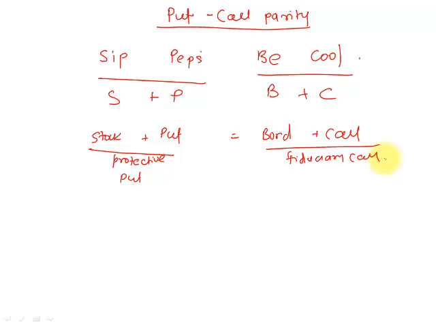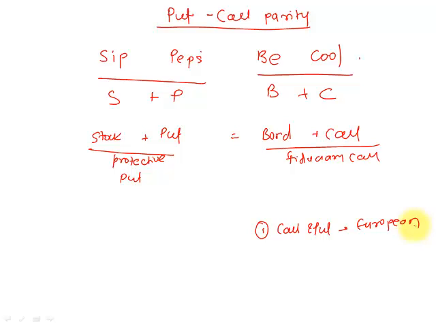Then what we said is, irrespective of what happens in the market on the day of expiry, the value of these two portfolios would always be the same. But there are certain rules for this equation to be true. The first one is that call and put options have to be European.